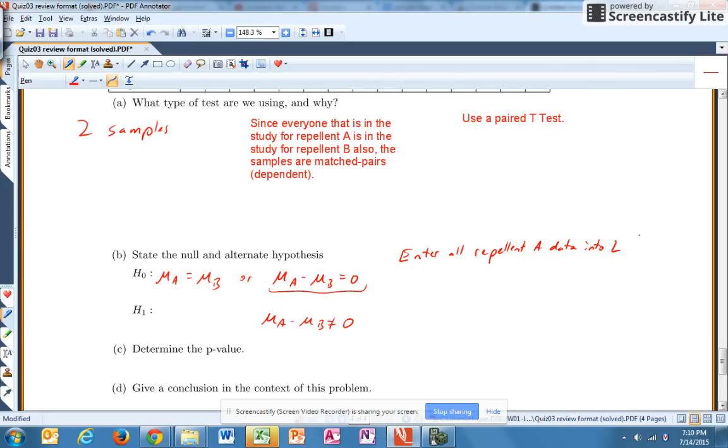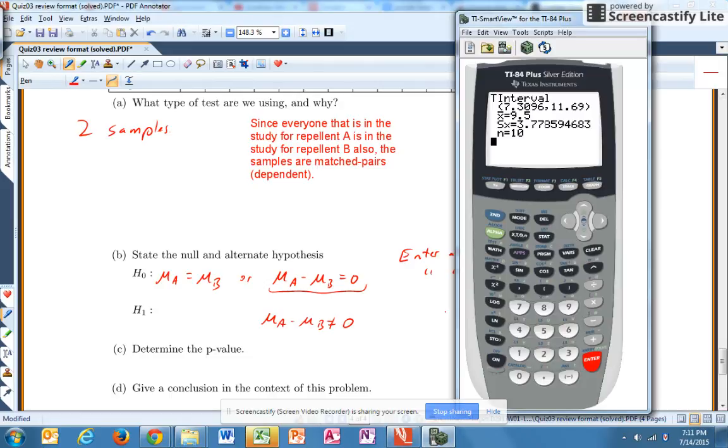Now, normally I would say use L1 and L2, but I've already done this ahead of time and I already used up L1 for something else. So I'm going to enter the repellent A data into L2 and enter all the repellent B data into L3. And just so that you don't have to sit and watch me enter all of those values, I'll just show you that I have them in there.